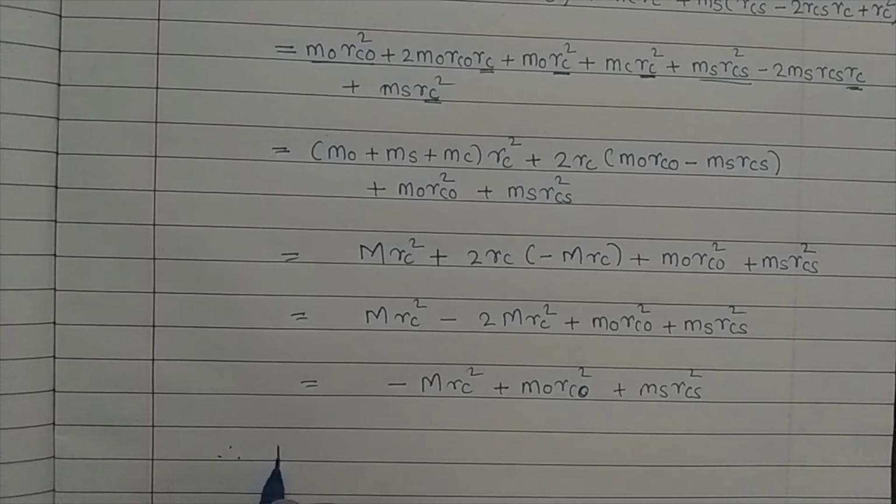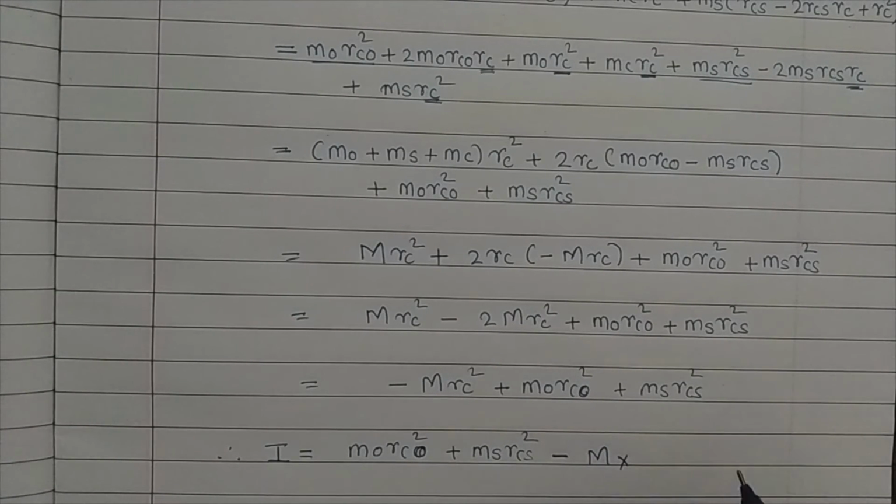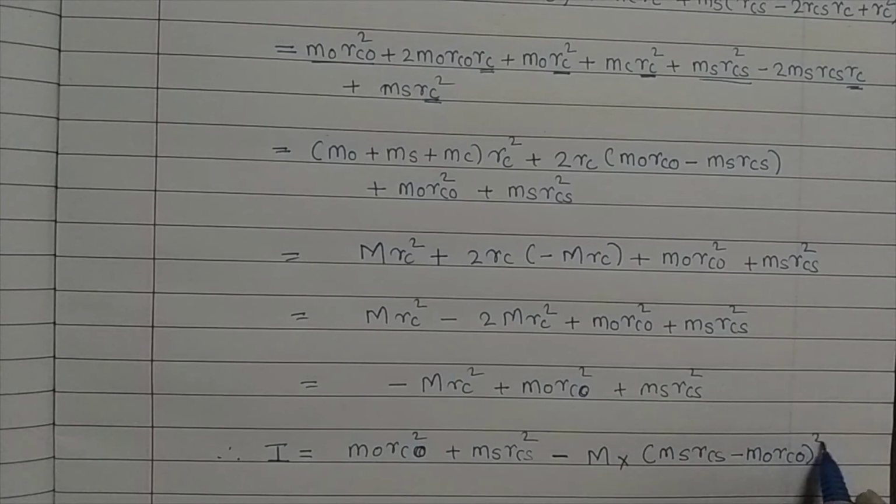So therefore I is equal to MO RCO square plus MS RCS square minus, now substituting the value of RC square, that is M into, according to equation number 2, (MS RCS minus MO RCO) square upon M square.